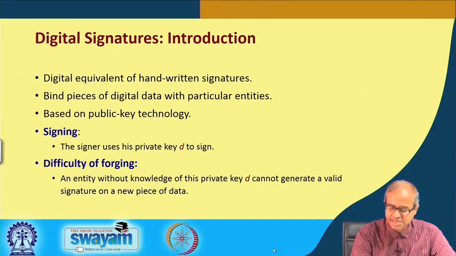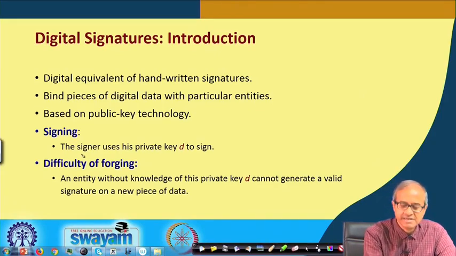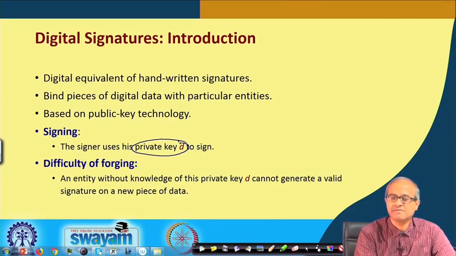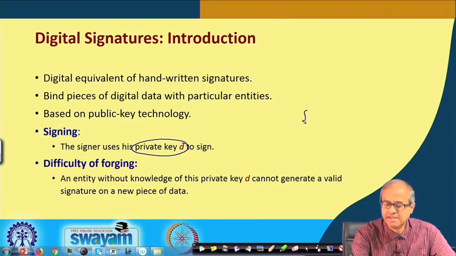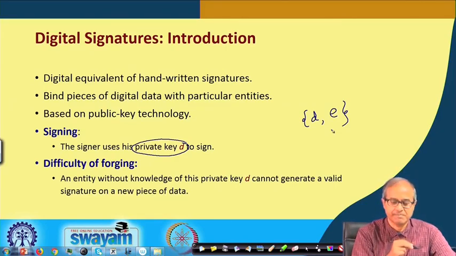So, for generating the signature, the person who is signing, suppose I am signing, must be using my private key. You recall every individual will be having a private key and a public key. For signature the person will be using the private key which is not available with anyone else.